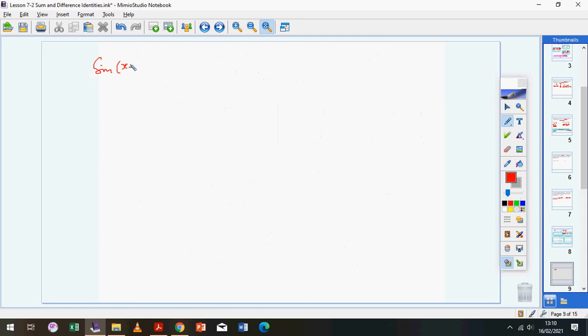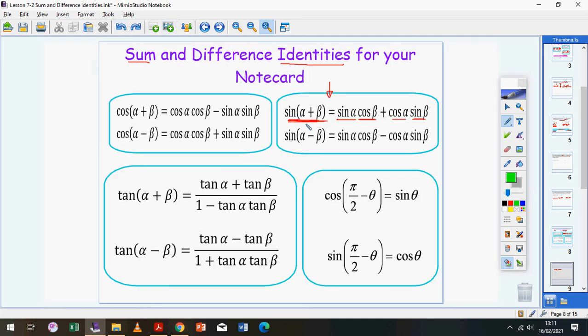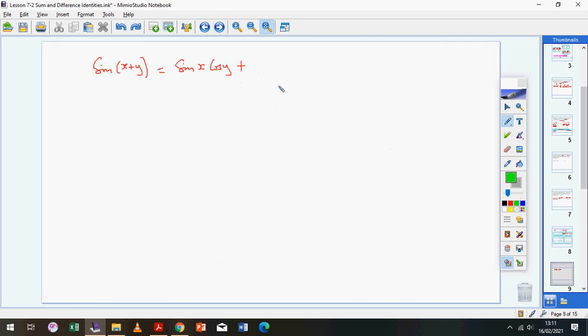If it's sine of x plus y, then the expansion will be the sine of the first angle times the cosine of the second angle, plus, and I want you to notice how this plus sign is conserved here, because in the difference formulas something interesting happens as well, cosine of the first angle times sine of the second angle.